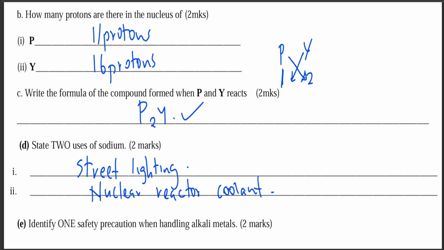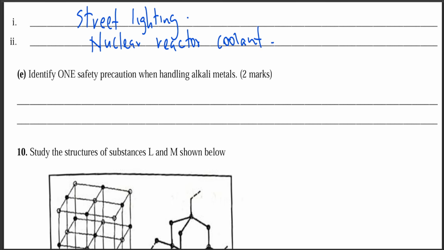Now, identify one safety precaution when handling alkali metals, because some alkali metals are very explosive, for example potassium. So make sure you handle it with forceps. Don't just take it by hand and throw it around like a ball.